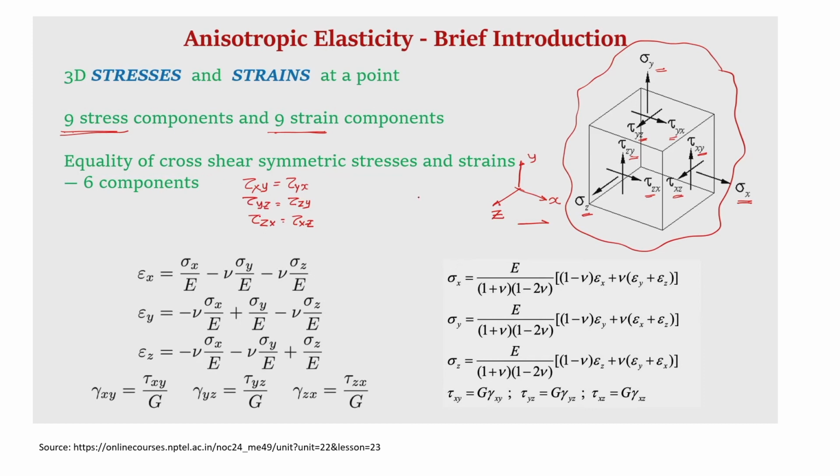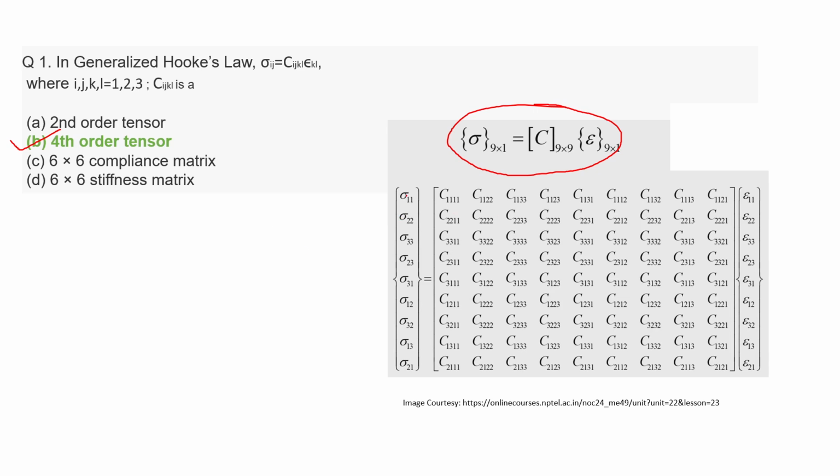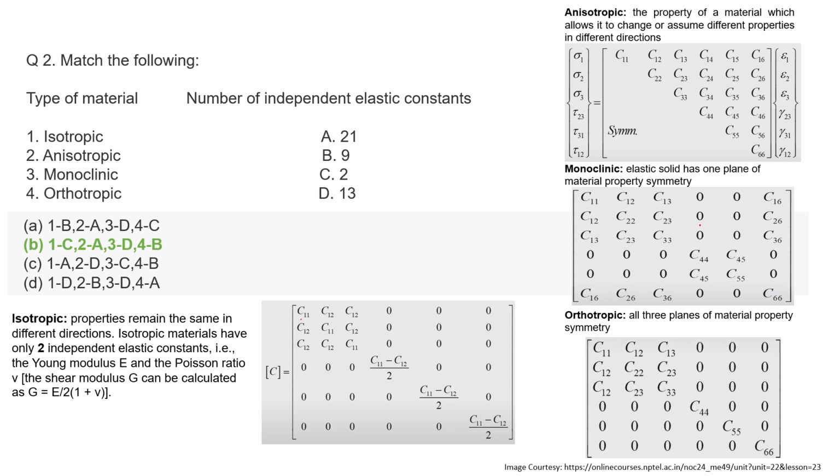So that will be 3. And there are 3 normal stresses, so that will be 3 plus 3, equal to 6. From that, we will have 6 types of stresses and correspondingly 6 types of strain. So in this stiffness matrix, we will have 36 independent elastic constants. So from 81, it came to 36.